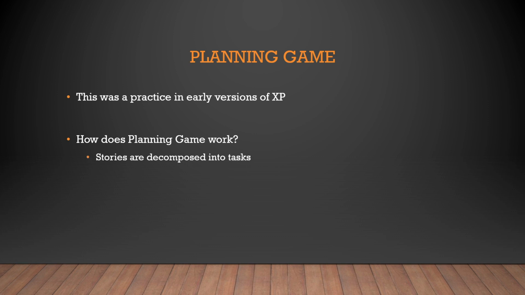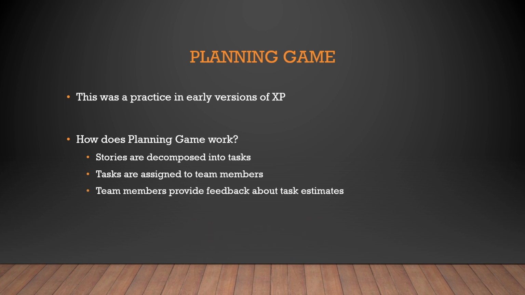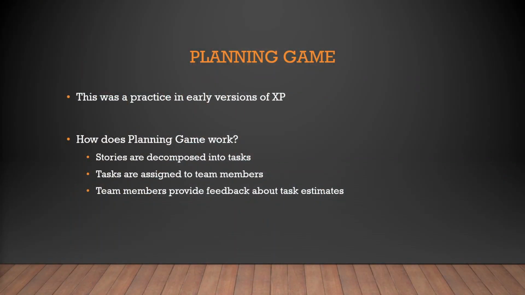First of all, stories are decomposed into tasks. Secondly, tasks are assigned to the extreme programming team members. So each team member has a certain number of tasks. Now, team members are going to provide feedback about the task estimates. So we are not looking at entire stories. What we are looking at here are individual tasks that are assigned to the extreme programming team members.